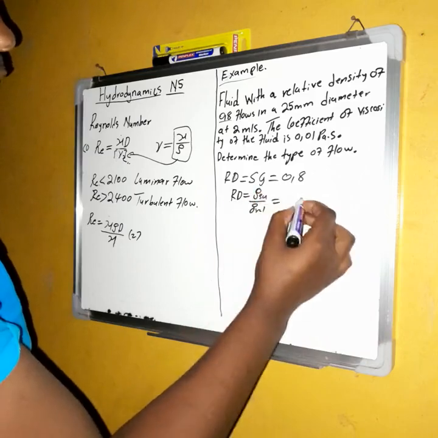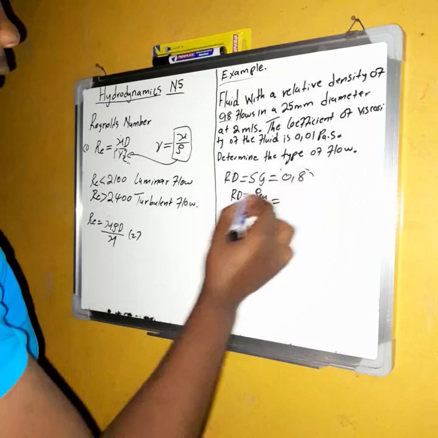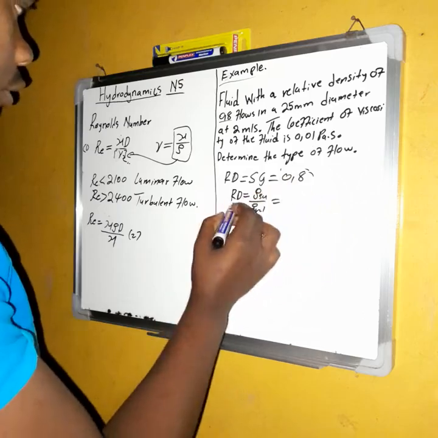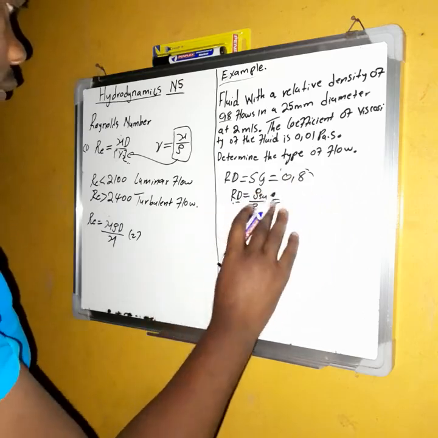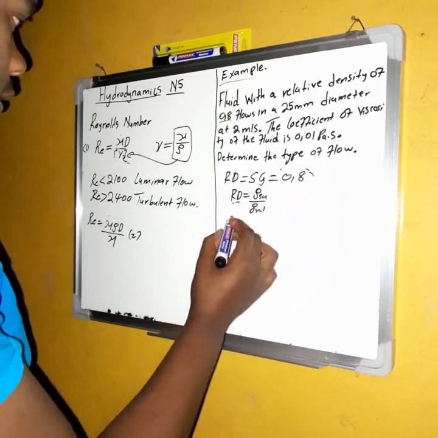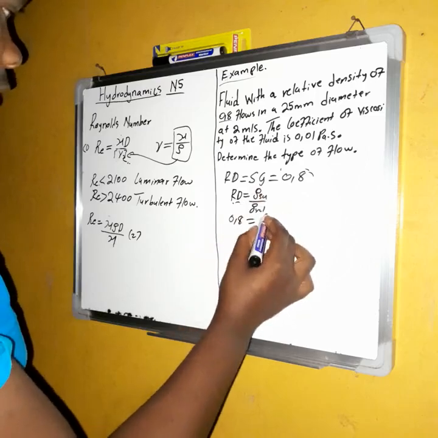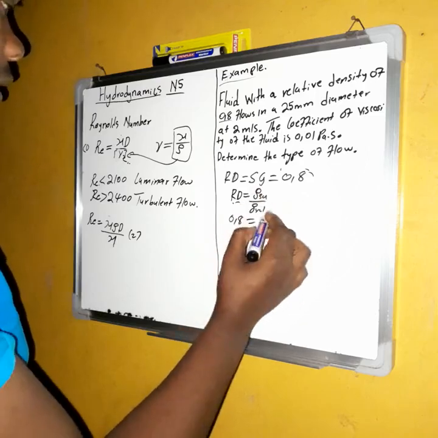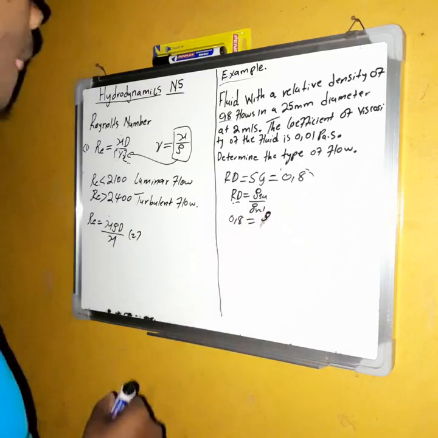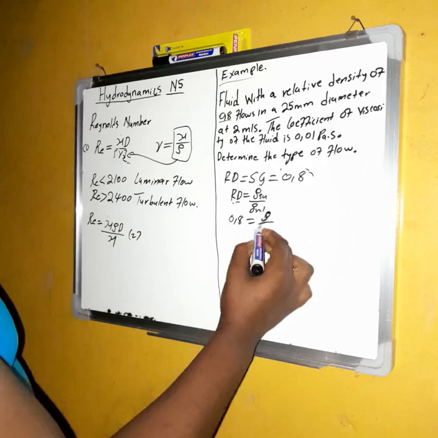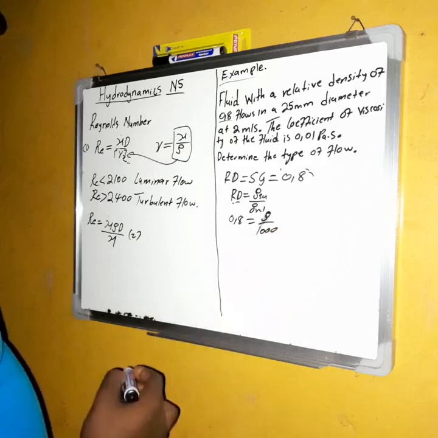We're given 0,8, equal to the density of the substance that we're looking for, divided by 1000. That's the density of water.